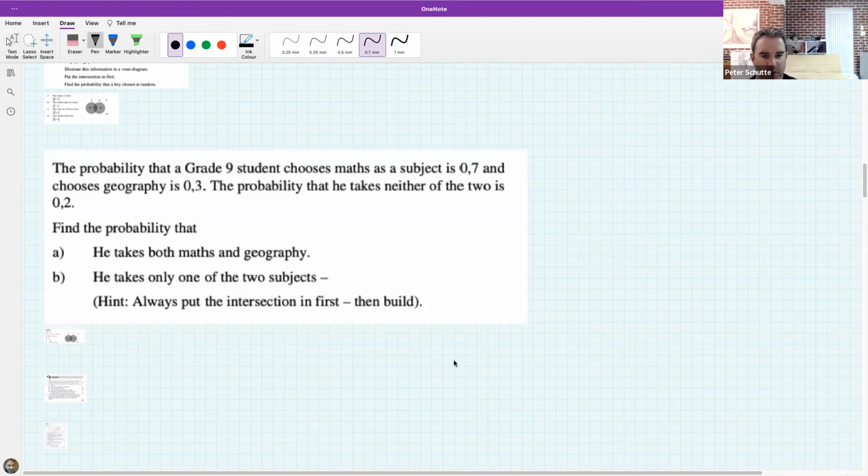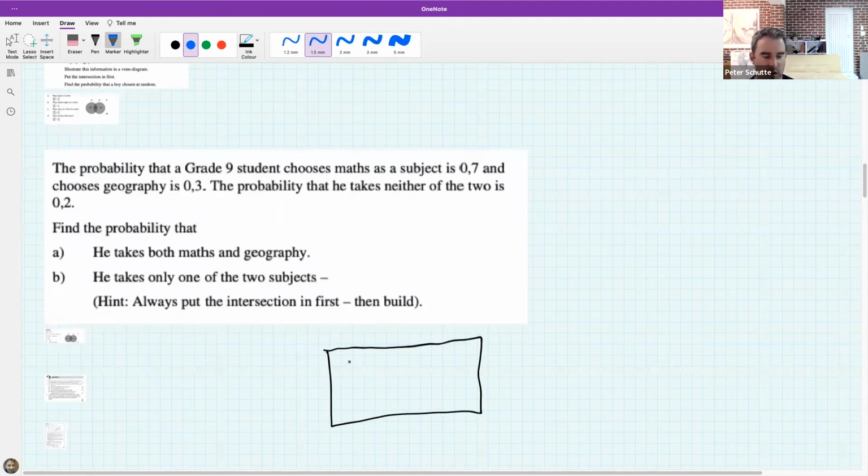So there's only 2 events. And so, just like last time, because there is going to be an overlap. Let's just say maths is this and geography is this.